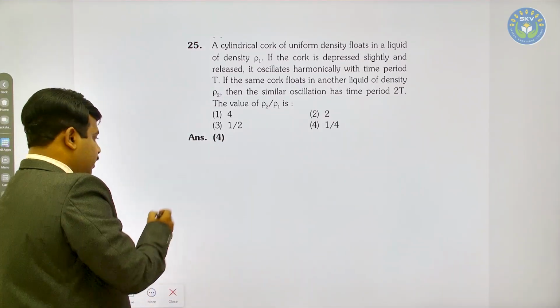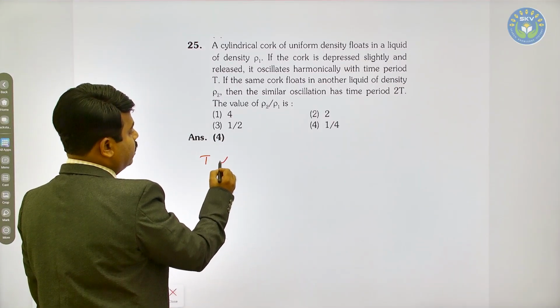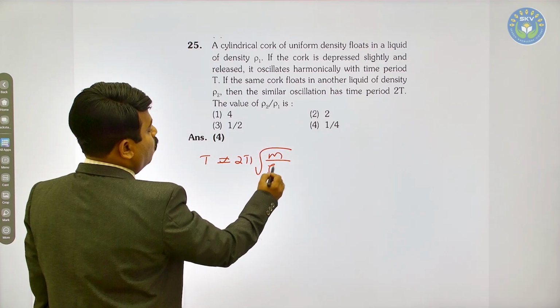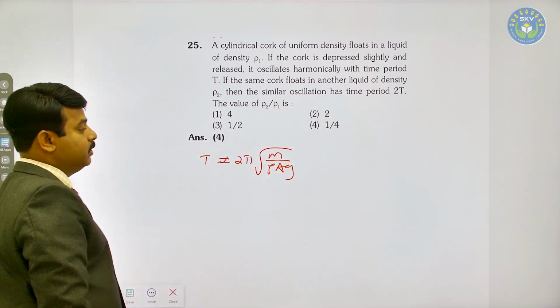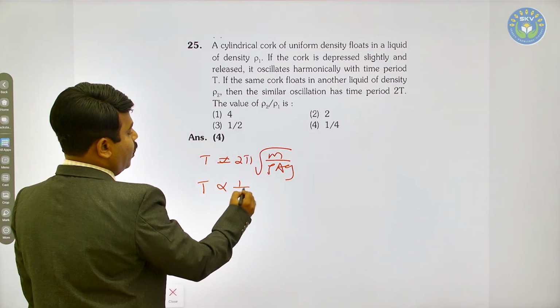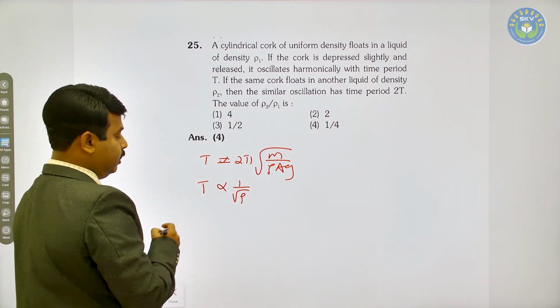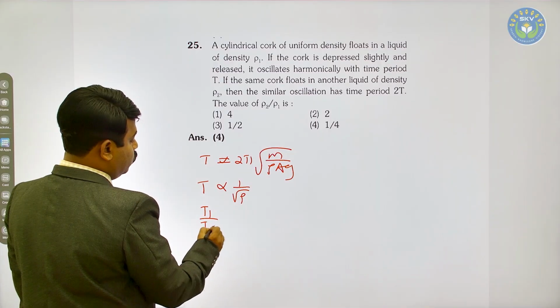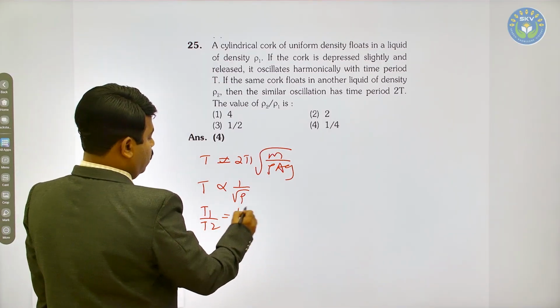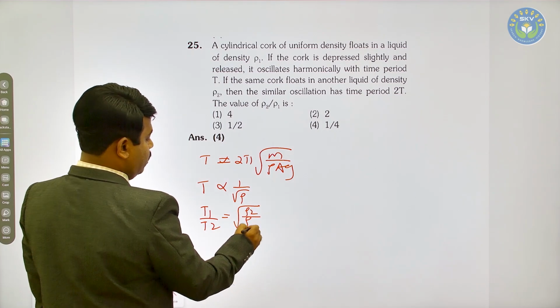So what we studied there, time period of oscillation is equal to 2 pi root m by rho A g, right? This equation we studied. Then T is proportional to 1 by root rho, density. Then t1 by t2 is equal to, what we studied, root rho 2 by rho 1, right?